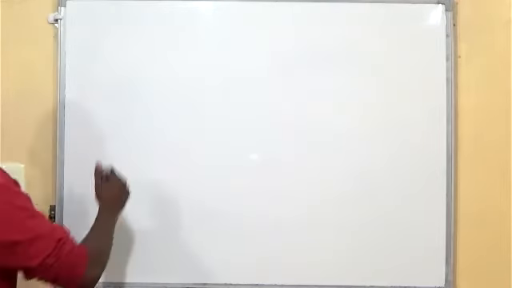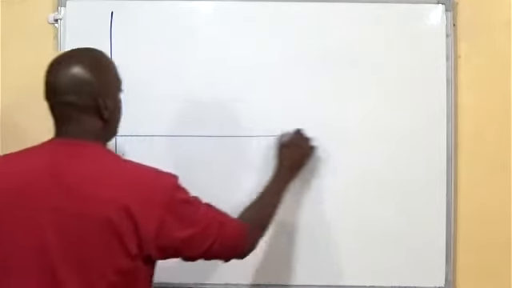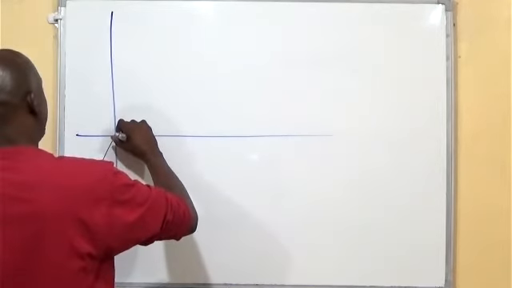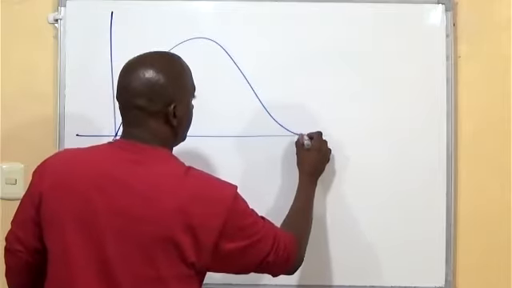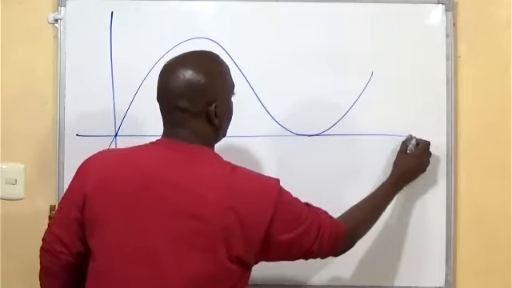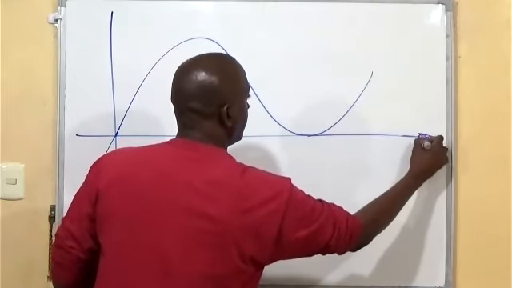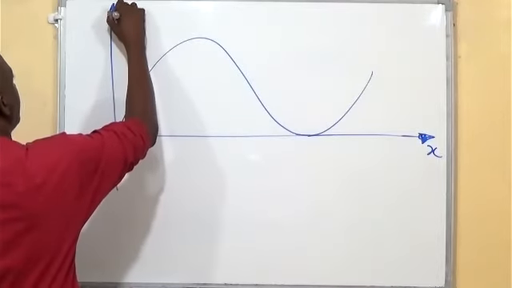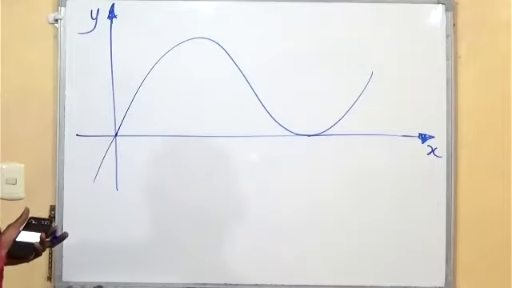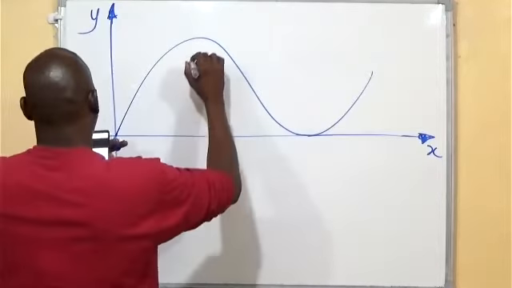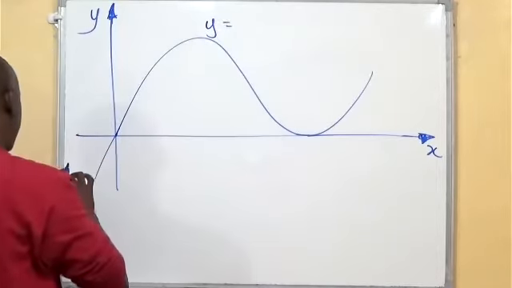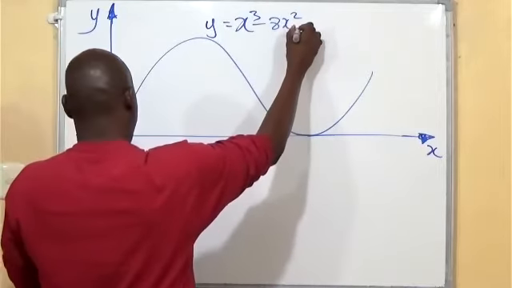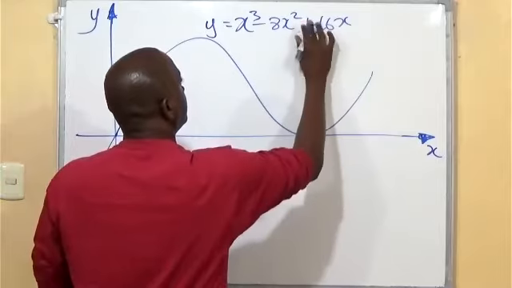So we have the graph. Nice graph again, same thing, passes through the origin. Look how nice the graph looks. Beautiful graph. X and Y. And the equation of the curve is y equals x cubed minus 8x squared plus 16x.